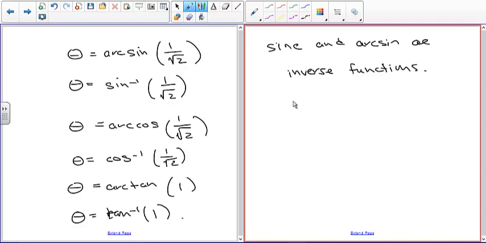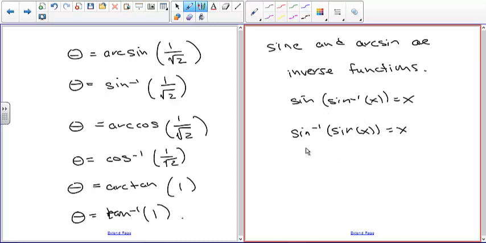What that means is that the sine of the arc sine of x equals x, and the arc sine of the sine of x equals x. So the sine of the angle whose sine is x is x.